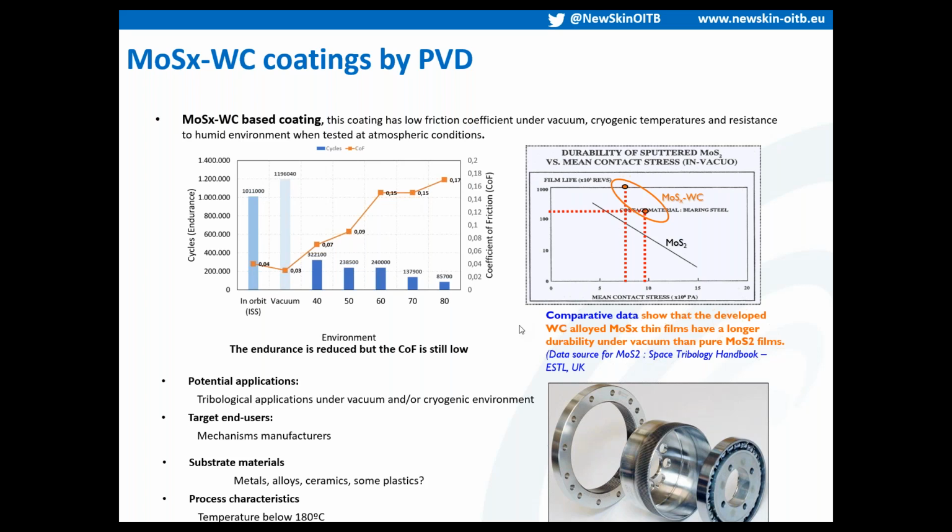Which are the potential applications? Mainly tribological applications under vacuum or cryogenic environments. The target end users are mechanism manufacturers, mainly low friction devices, and the substrates can be metals, alloys, ceramics, and some plastics if the critical temperature of the plastic is below 180 Celsius degrees.